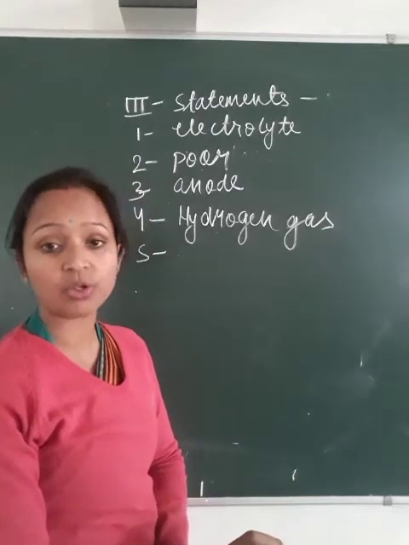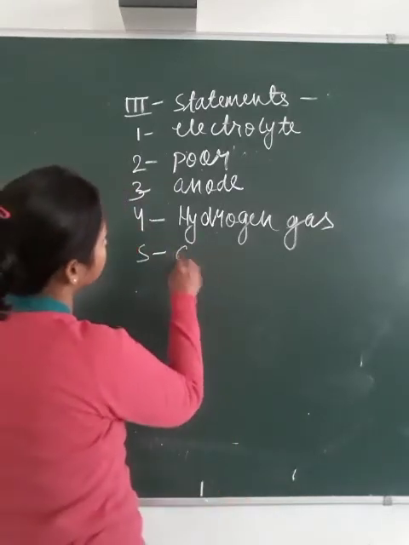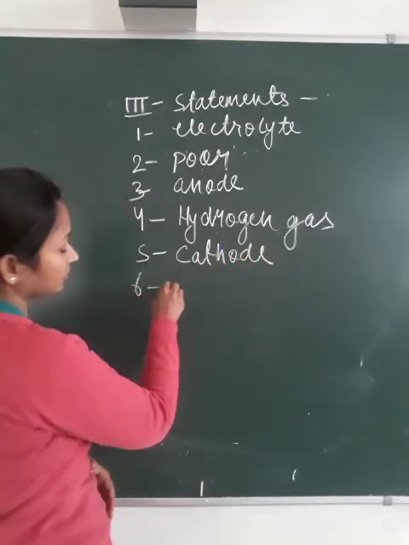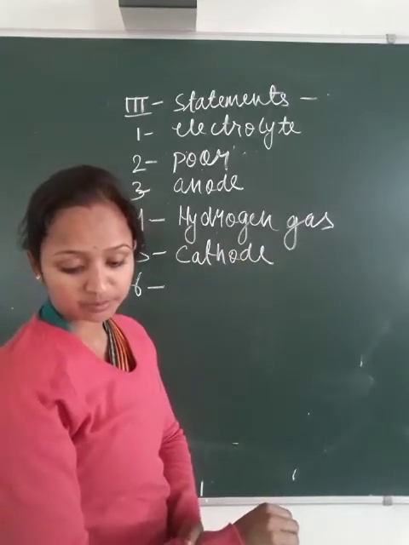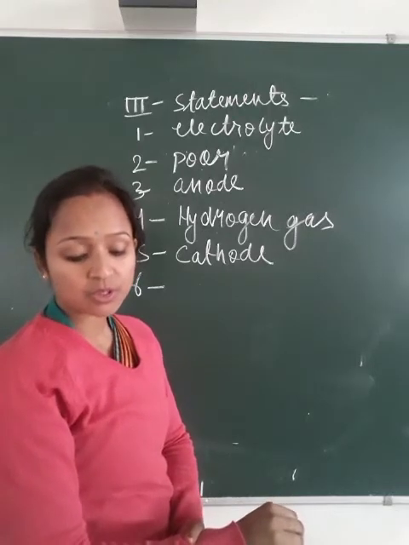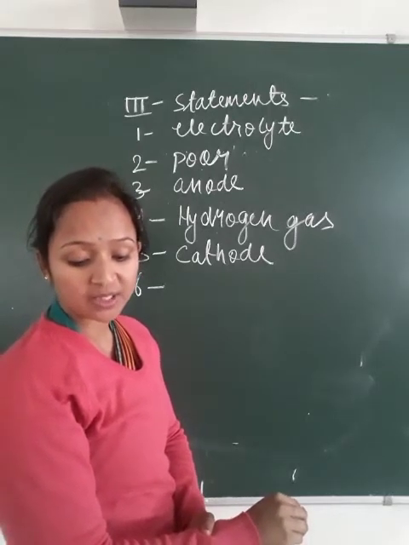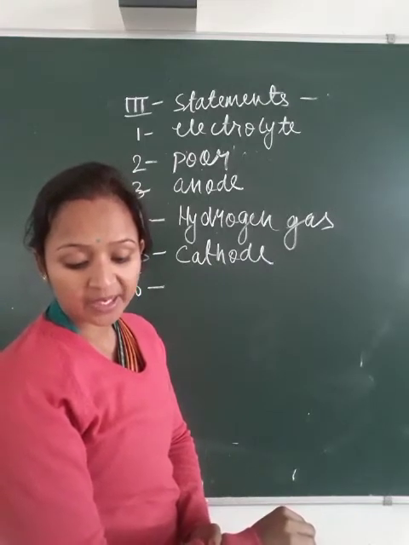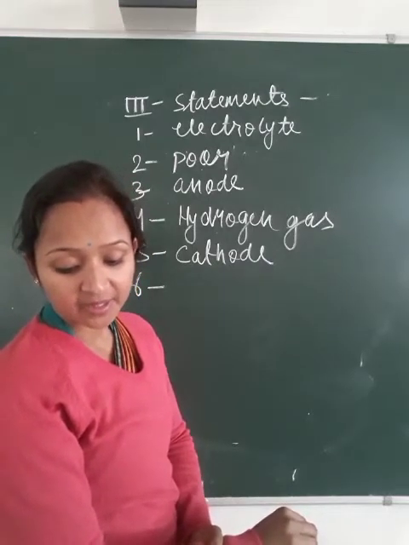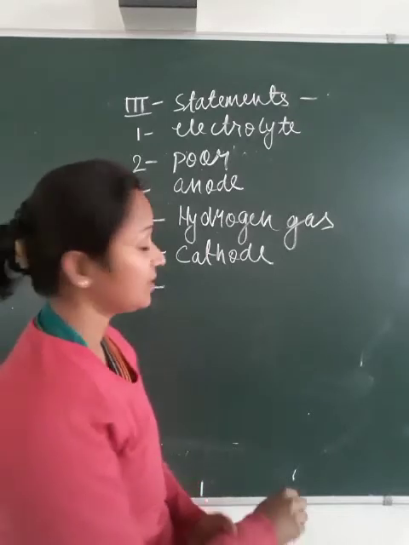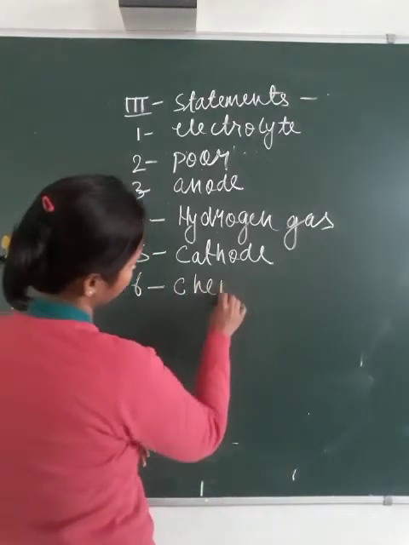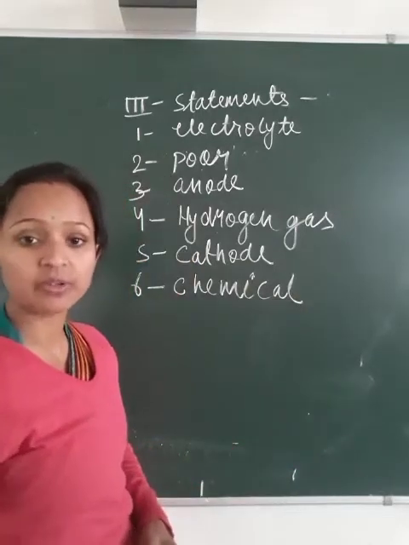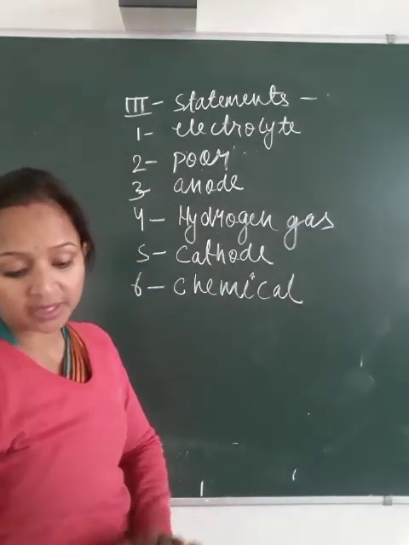In place of anode you have to write cathode. In the process of electrolysis, the electric current flows through an electrolyte followed by a physical change. In place of physical change you have to write chemical change.